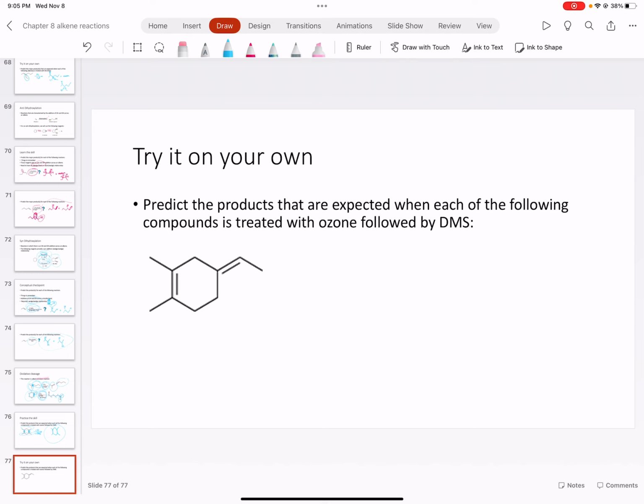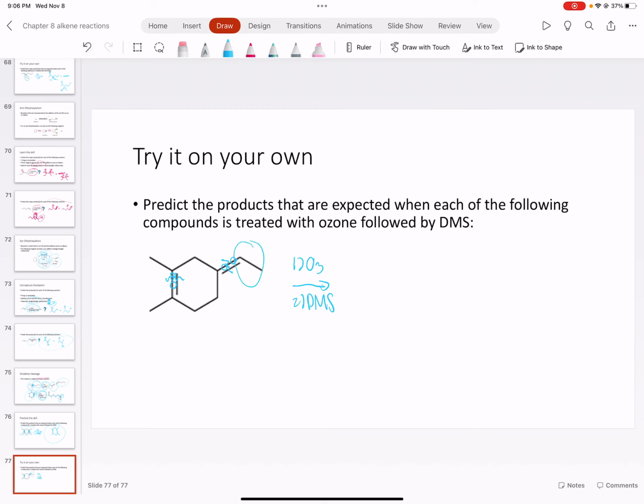And then again, if you try it on your own, predict the products that are expected when each of the following compounds is treated with ozone followed by DMS. Again, we're gonna have our same reagents. We're gonna be breaking this one, double bond oxygen, double bond oxygen. We also have to remember to break this one, double bond oxygen, double bond oxygen. And remember, these ones are still connected.